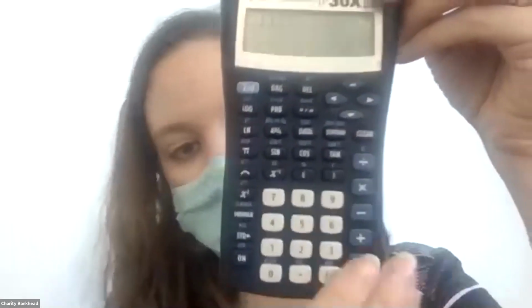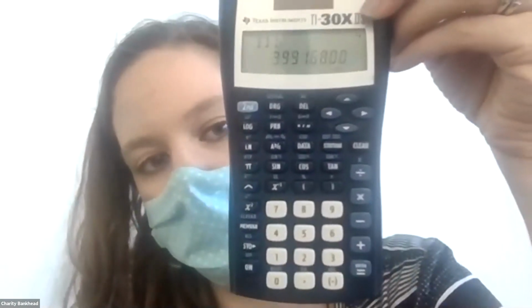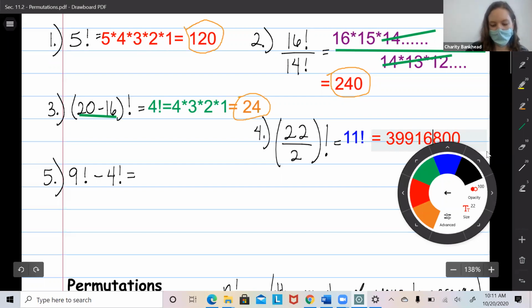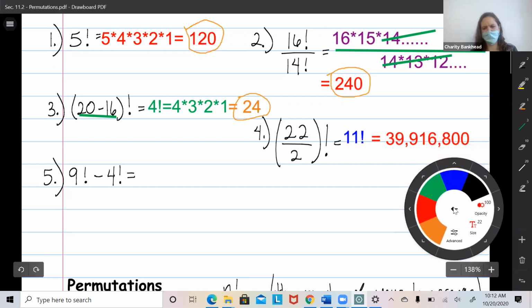So it shows 11 factorial on the screen, and then just hit enter again to get the answer. So 39,916,800 is the answer.